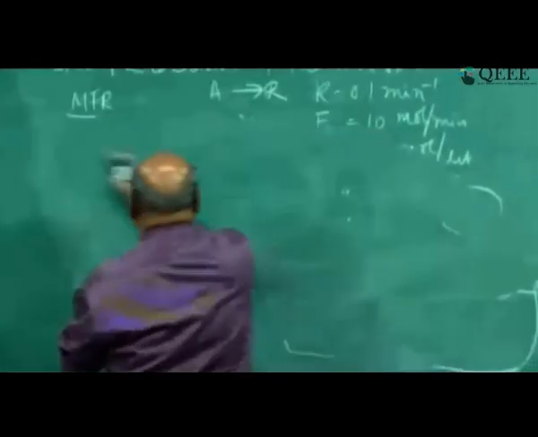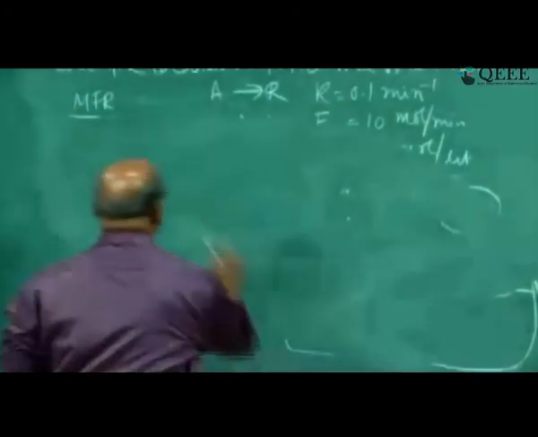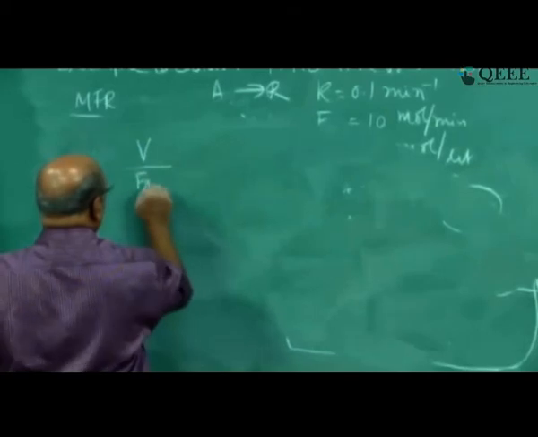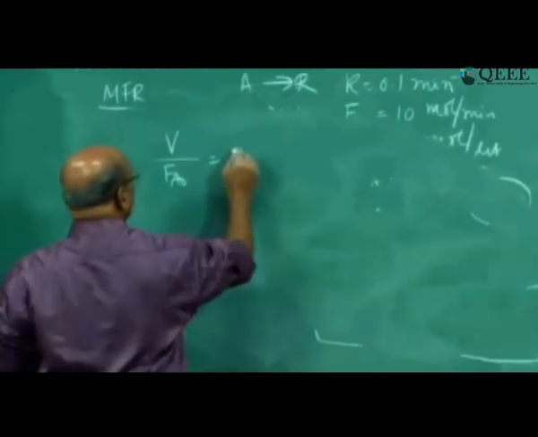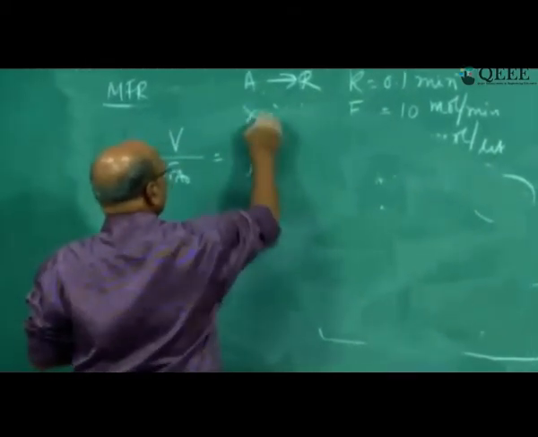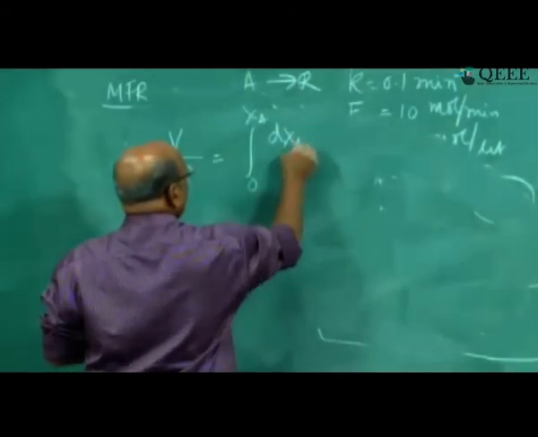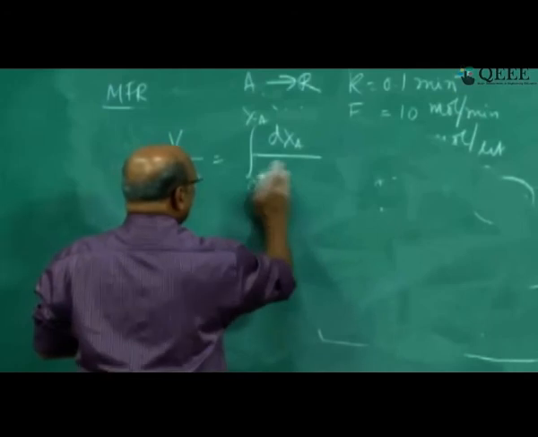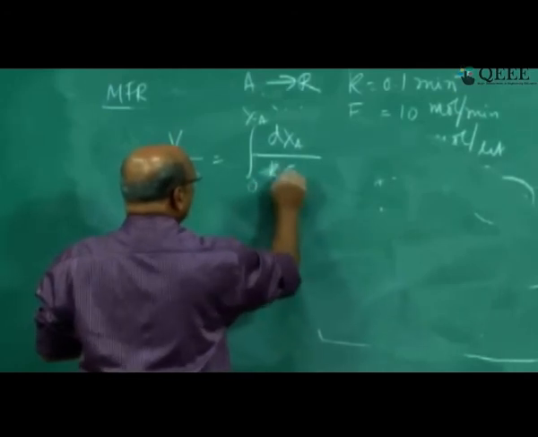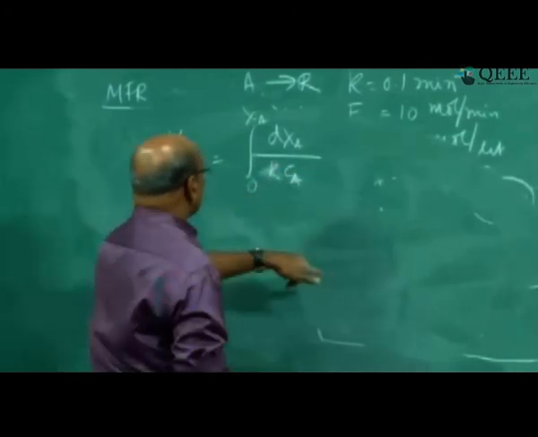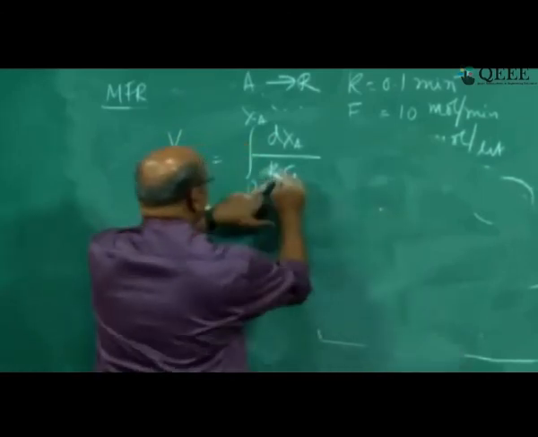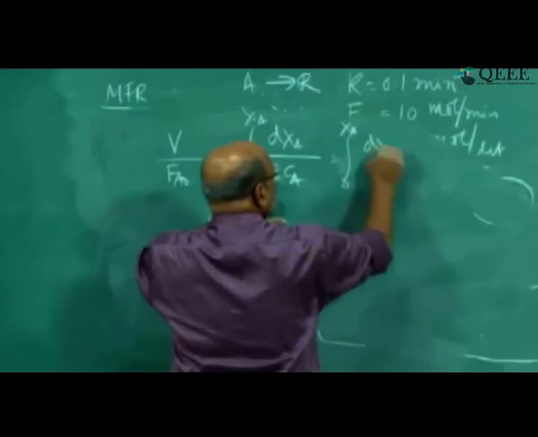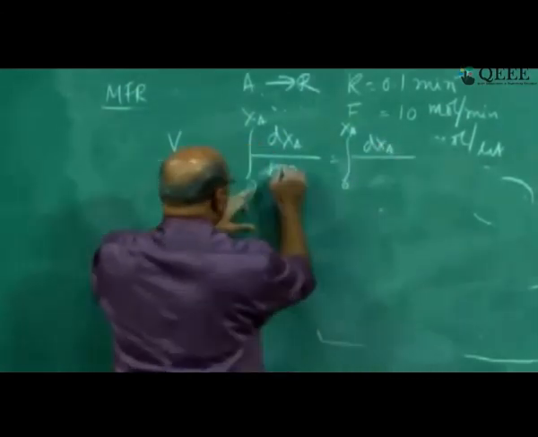energy balance. See, you know that we have V by F A naught. I am taking an example of PFR. If it is a first order reaction, I have minus r A, and for first order I am taking k into C A. If it is non-isothermal, then this k has to be written as, in d X A, this k is the Arrhenius equation.